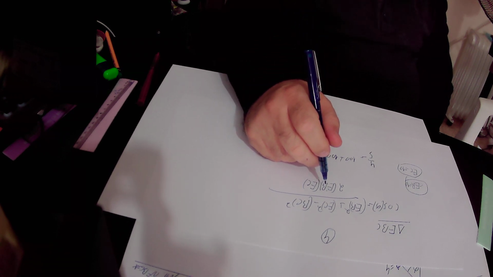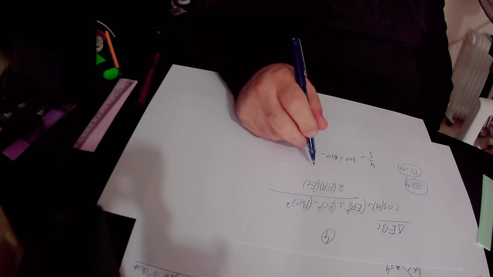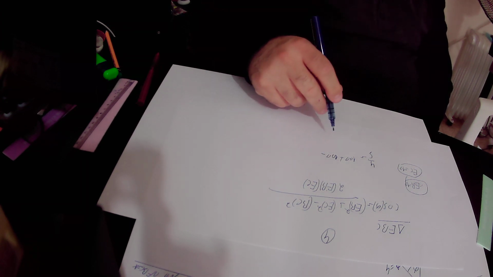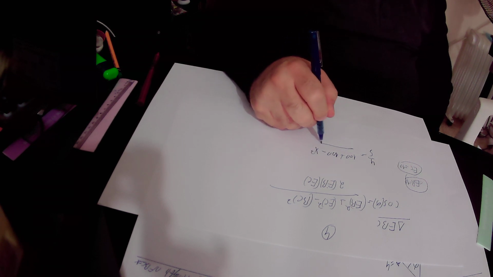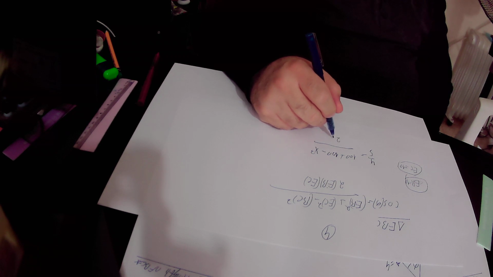minus C squared, that is actually minus BC squared. It's actually minus x squared over 2 times EB, that is 10, times EC, that is also 10.